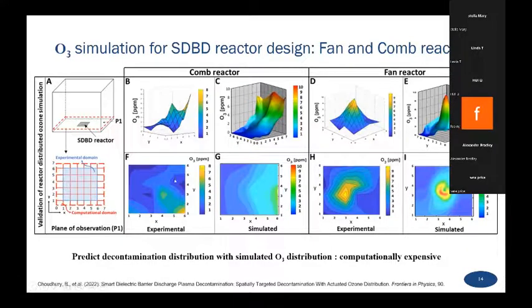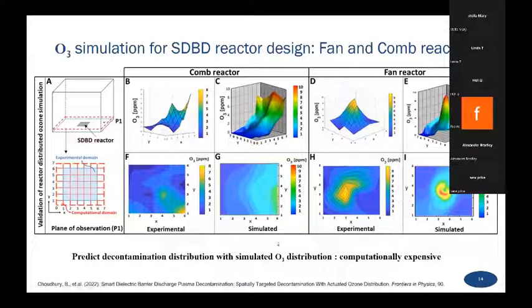Now, these are surface plots if you look from the top. And again, we are seeing the biased side for the comb, but for the fan, we can see how the ozone concentrations are initially formed at the center. And because of the flow, it will get distributed uniformly towards all the chamber walls.